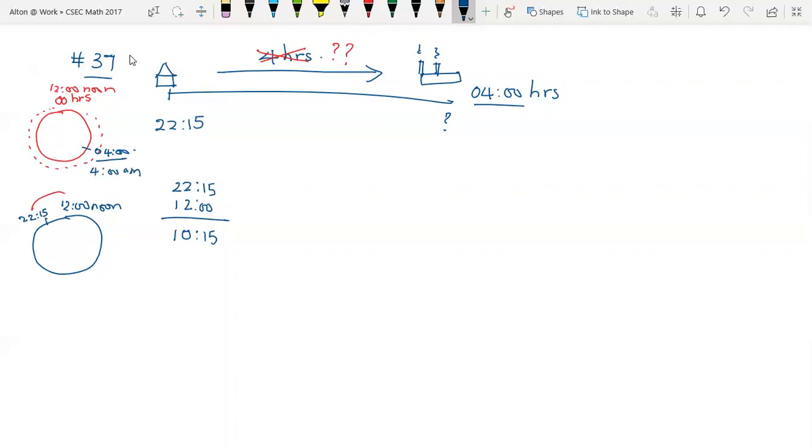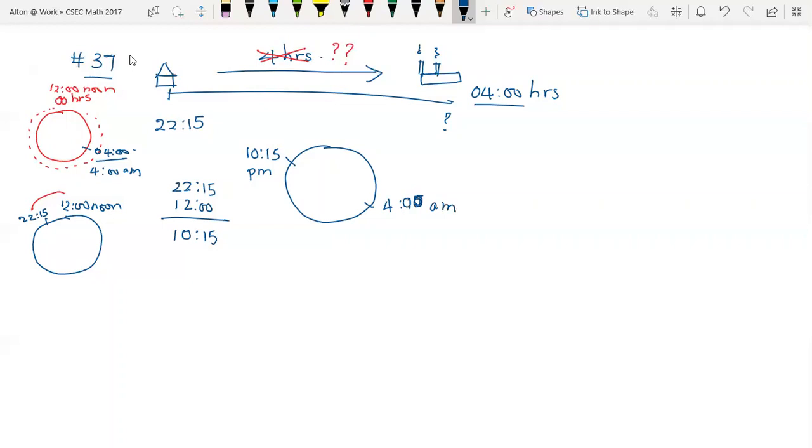So let's put that information on another clock. He leaves at 10:15 p.m. and he reaches his destination at 4 o'clock in the morning.